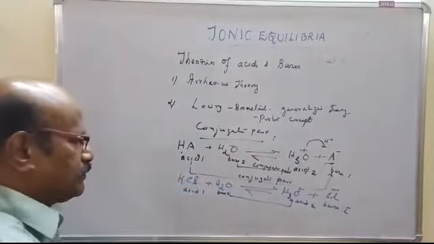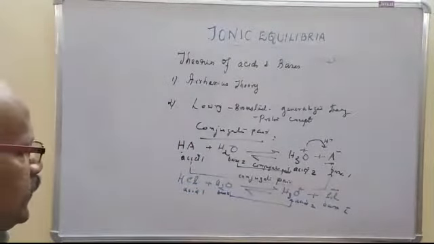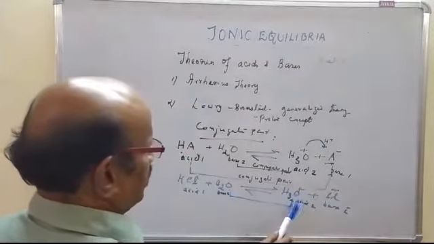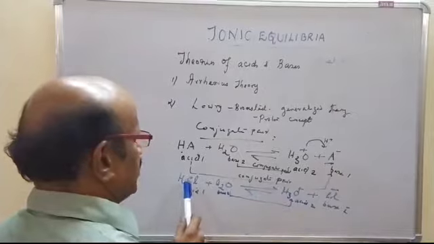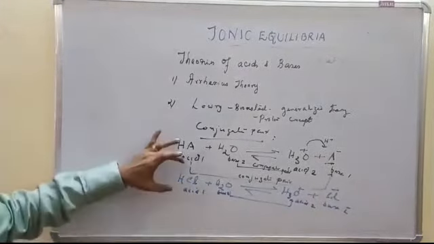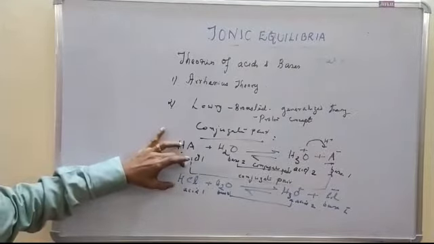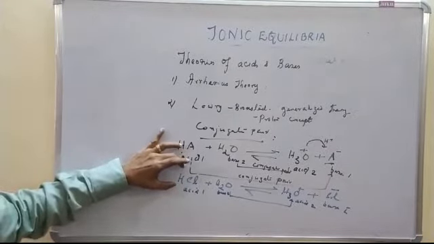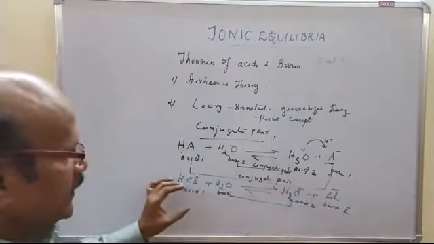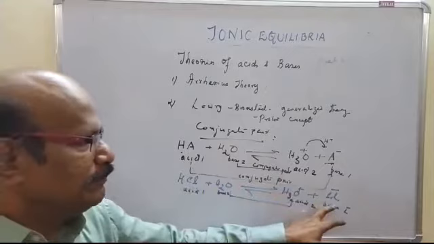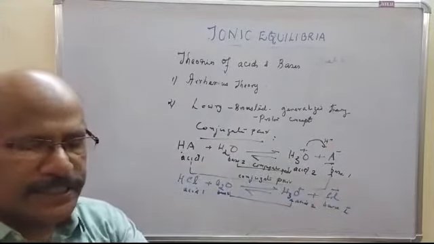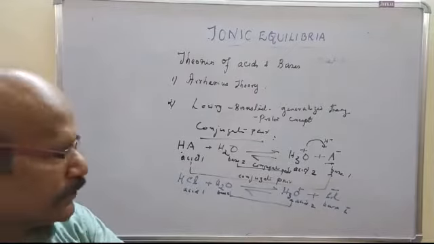Here we want to compare the strength of hydrochloric acid in terms of the stability of its conjugate base, that's all. The acid HCl is a strong acid as its conjugate base is more stable. Cl minus is more stable and has less tendency to accept the proton back to convert to HCl.